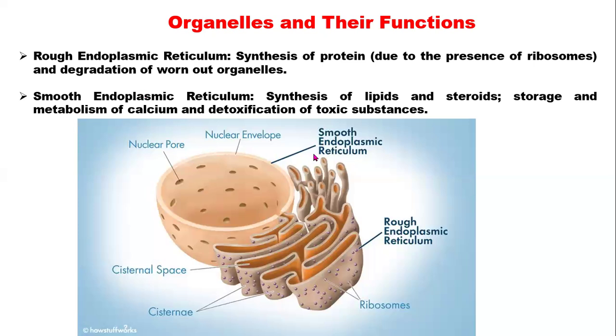You have the smooth endoplasmic reticulum here. You can see it has the nuclear envelope, and there is a nuclear pore here, and it has what we call the cisternae. Look at the cisternae here. It's like zigzag foldings that form the cisternae, and in between there is space, which is the cisternal space.